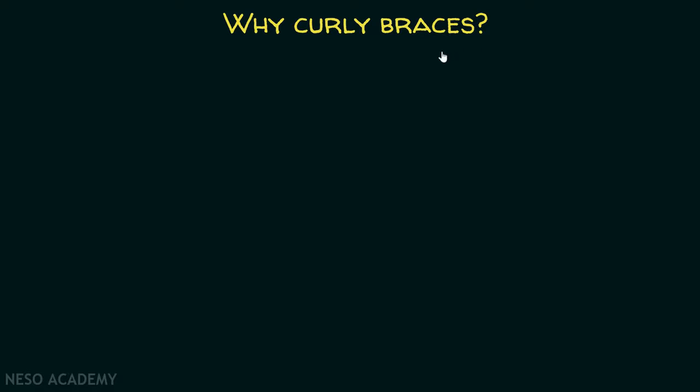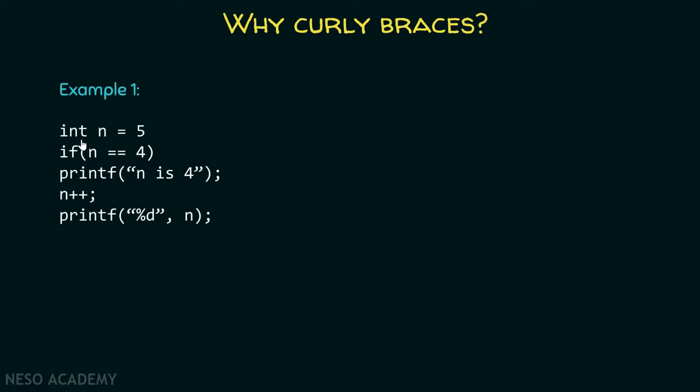Let's consider one example. Here in this example, as you can clearly see, I have declared a variable n and I have assigned it a value 5. After that, you can see there is an if construct, and this printf is part of this if construct. As we know, whenever we have a statement written immediately after the if construct, that statement is always part of that if construct only.